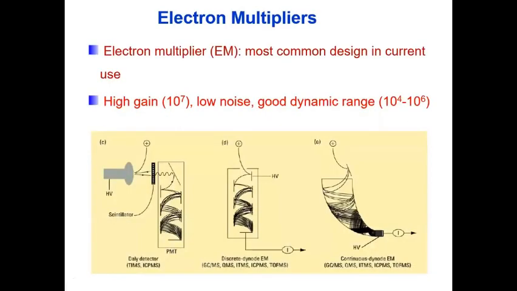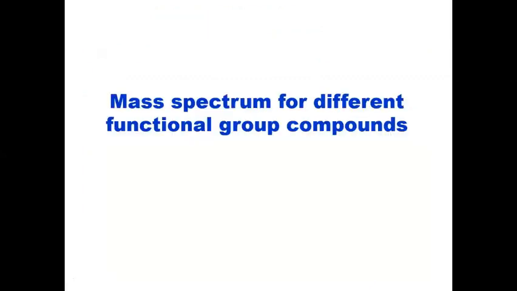So this is about the different components of a mass spectrometer. Here we have seen the different ionization sources, then the different types of mass analyzers and detectors.